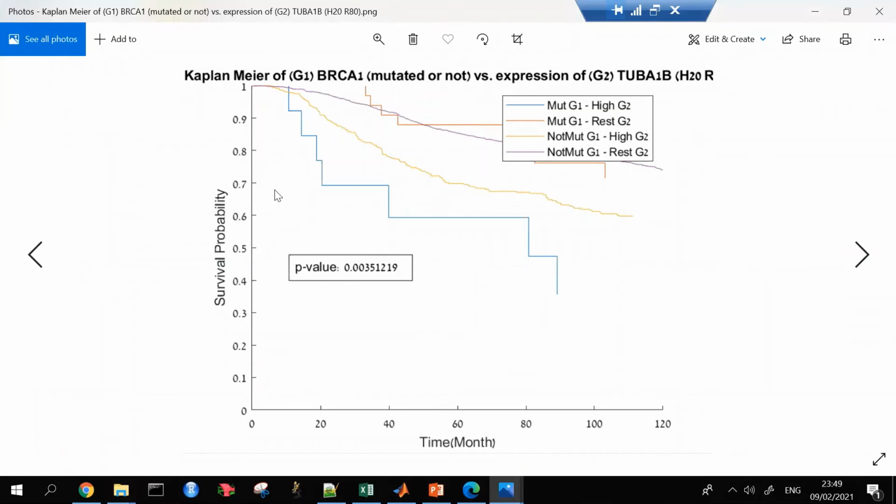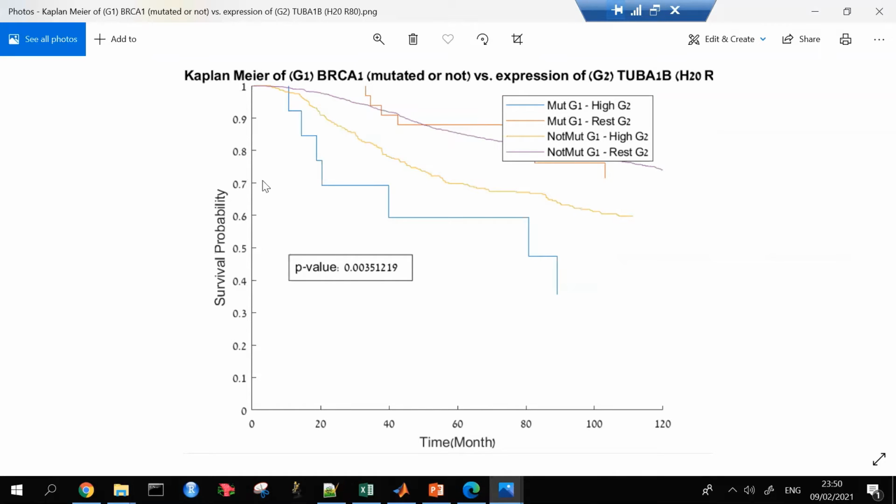Okay, so here's something a little bit different that I would be a little bit careful with. This is a result when we split by a mutation in BRCA1 and TUBA1B.